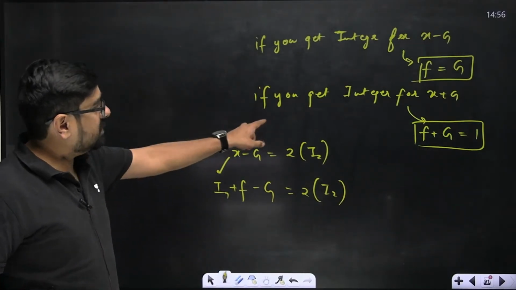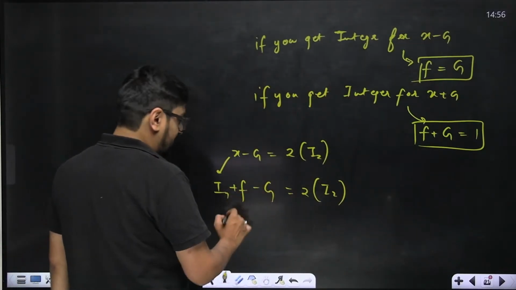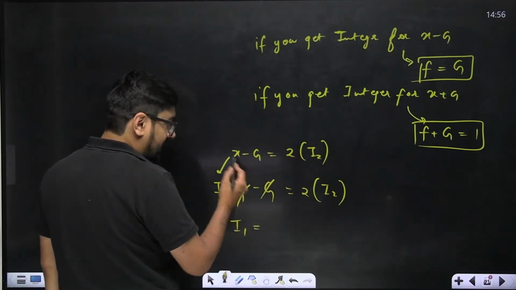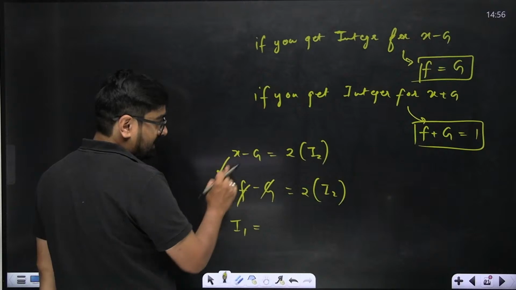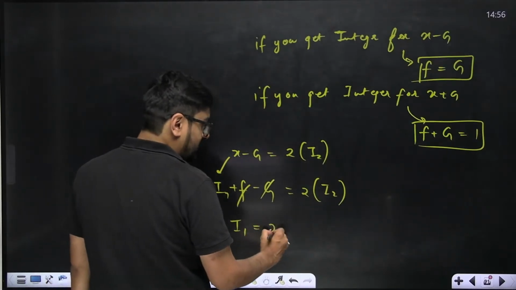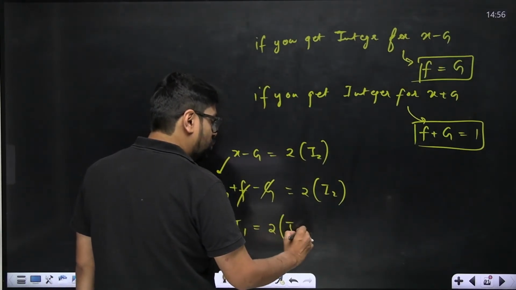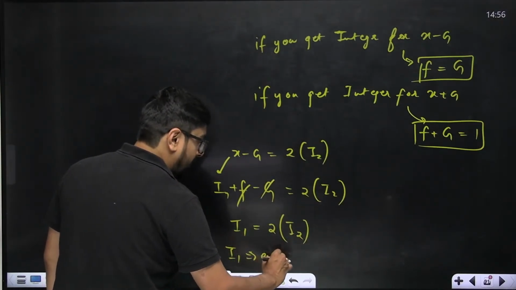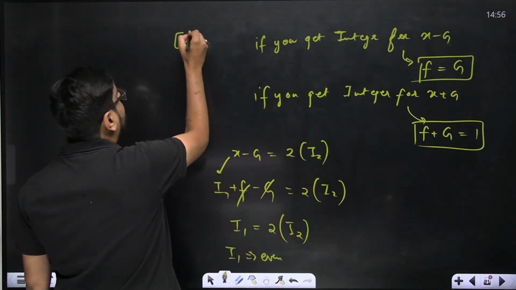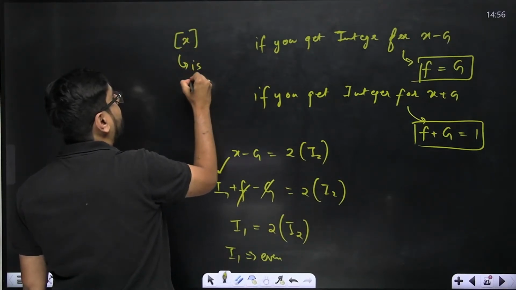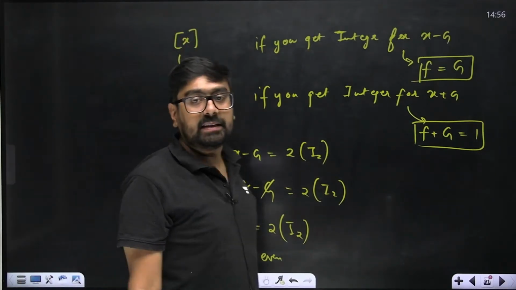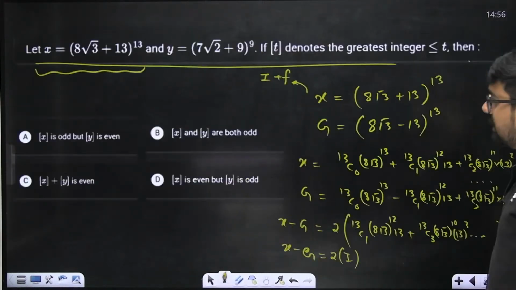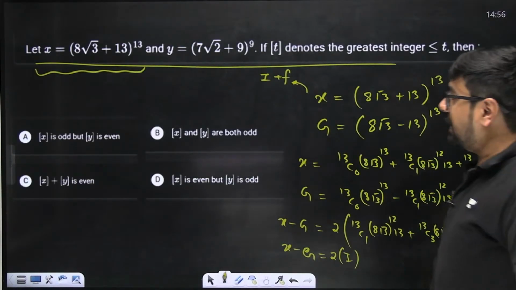We know that when we did x minus g, f is equal to g, so f and g will be equal and these will get cancelled. So I1, the integer part of x, is 2 times some integer. That means I1 is even. That means the integer part of x is even. Very simple to say that.